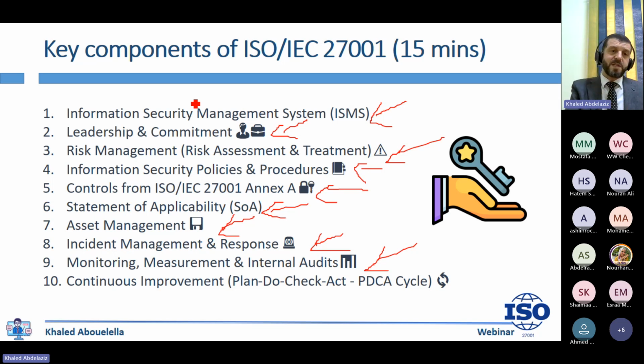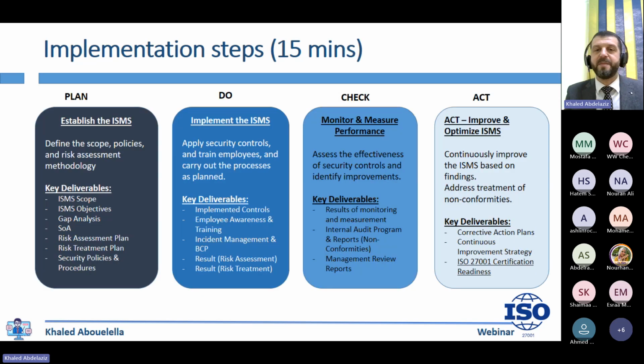Now we know what an information security management system is, what the benefits of an information security management system are, and the key components. I like the idea. The top management told you, okay, Khaled, we need to implement ISO 27001. What are the implementation steps? As I told you, implementing an information security management system based on ISO 27001 is based on plan, do, check, and act.